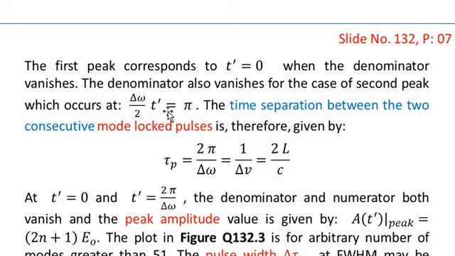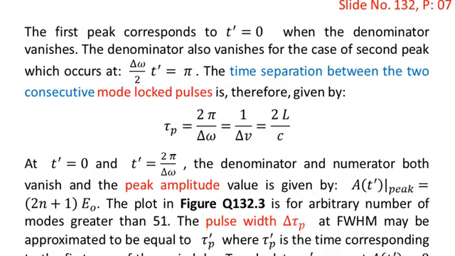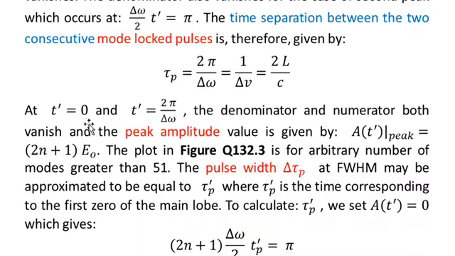So subtracting the two times, one t prime from here, the other t prime over here, you will get tau p is equal to 2 pi over delta omega is equal to 1 over delta nu is equal to 2L over C. At time t prime is equal to 0 and t prime is equal to 2 pi over delta omega, the denominator and the numerator both vanish. And the peak amplitude value is given by A as a function of t prime, and its peak value is equal to 2n plus 1 times E naught.